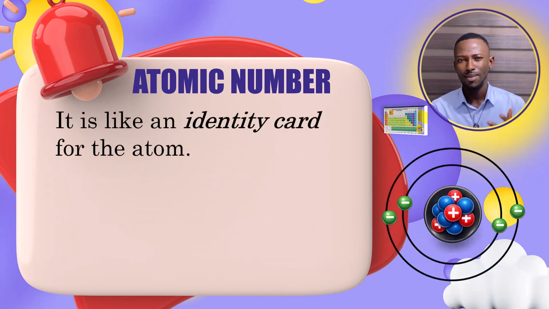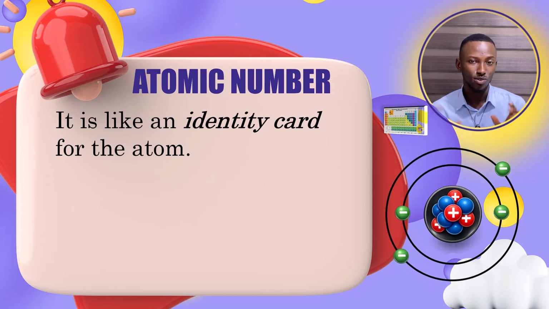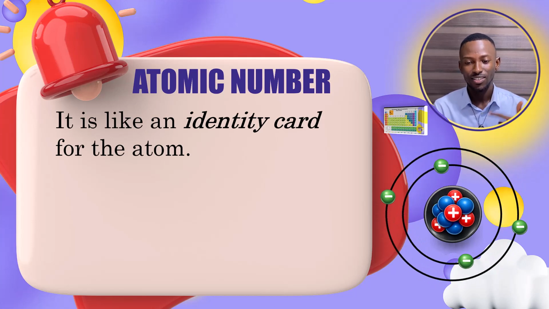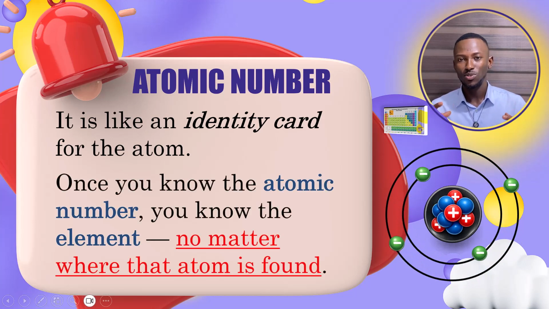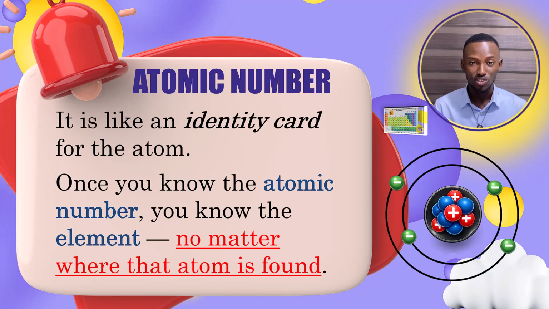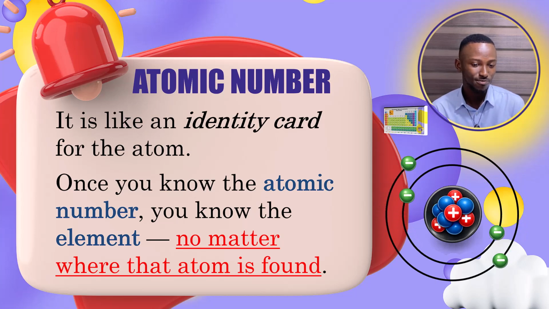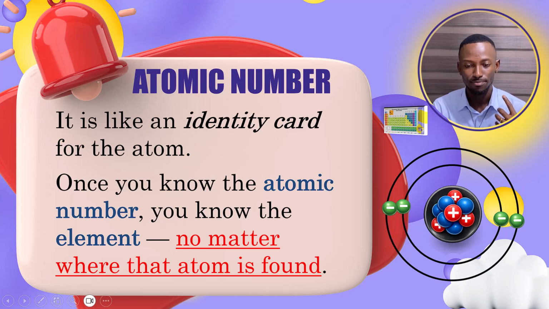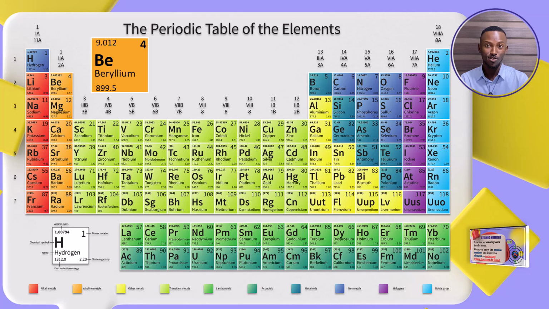So the atomic number ends up acting like the identity card of the atom, the ID. What does that mean? Basically, it means that once you know the atomic number, you know what element we are discussing, no matter where that element is found. Look at this periodic table. Our focus is still on beryllium.